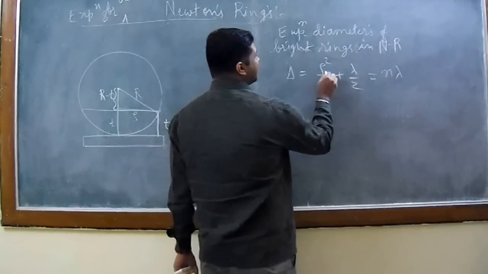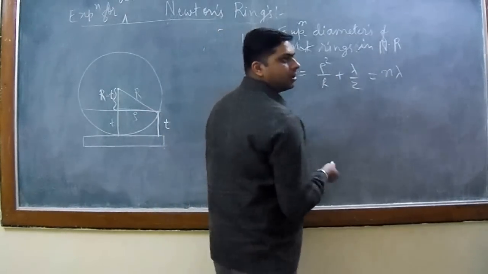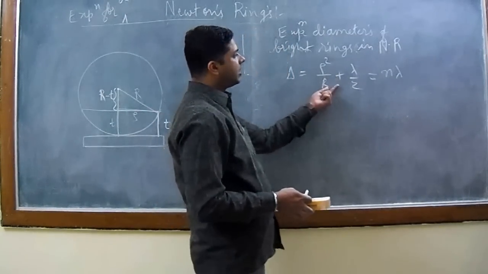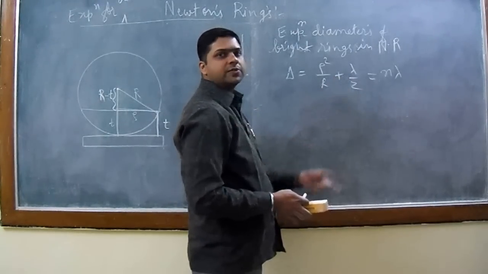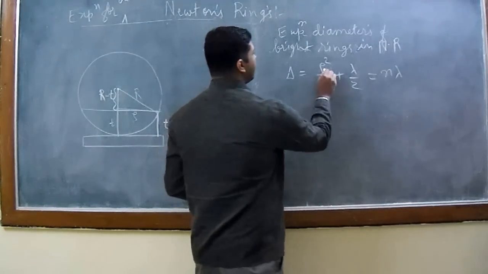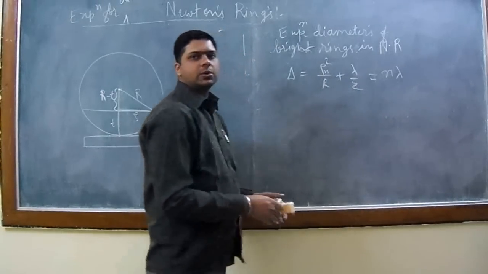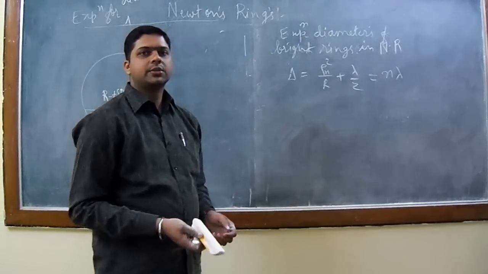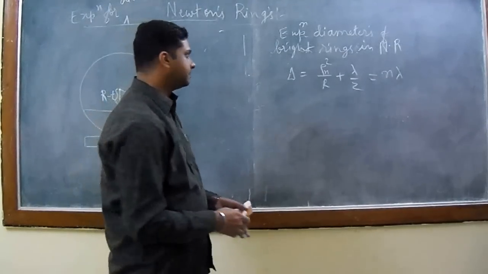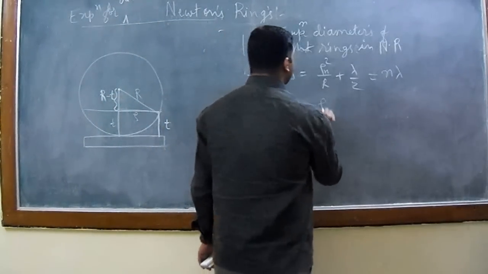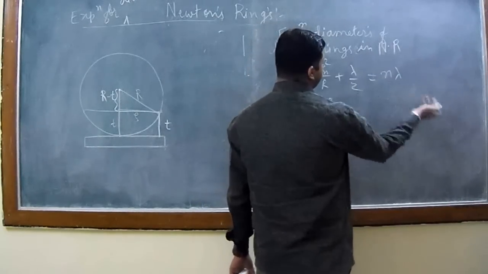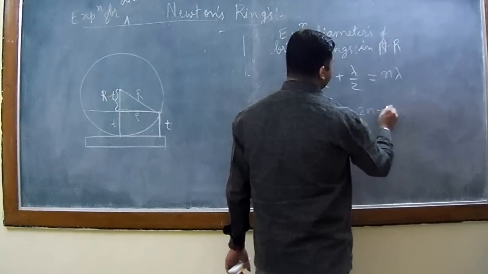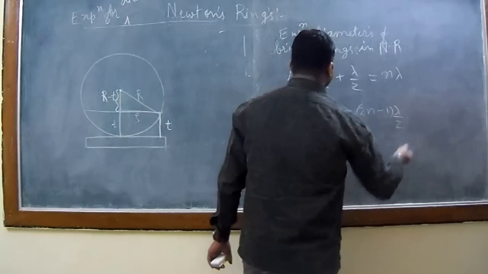Here, rho is the radius of Newton's ring, but as we equate this path difference to integral multiple of wavelength lambda in order to satisfy the condition for constructive interference, I put a suffix n indicating that rho n is the radius of any nth bright ring. So we have rho n square upon r equal to, if I transfer this lambda by 2 to the right hand side, (2n minus 1) lambda by 2.